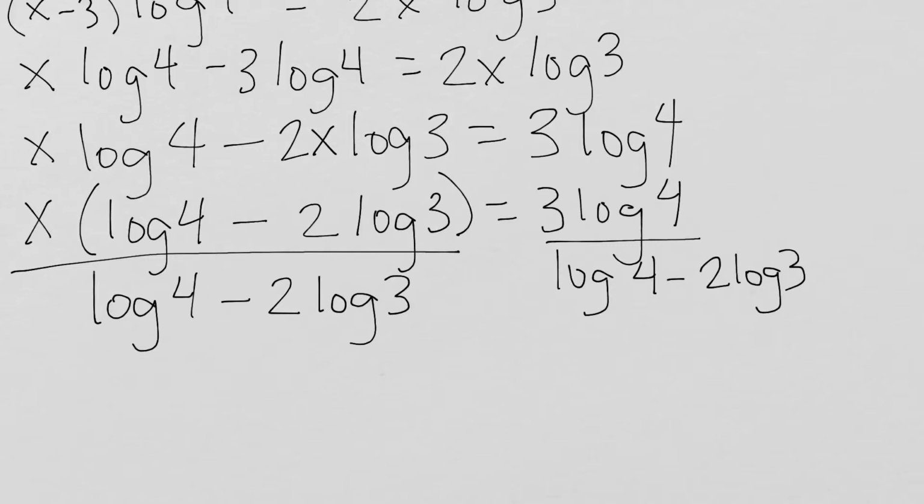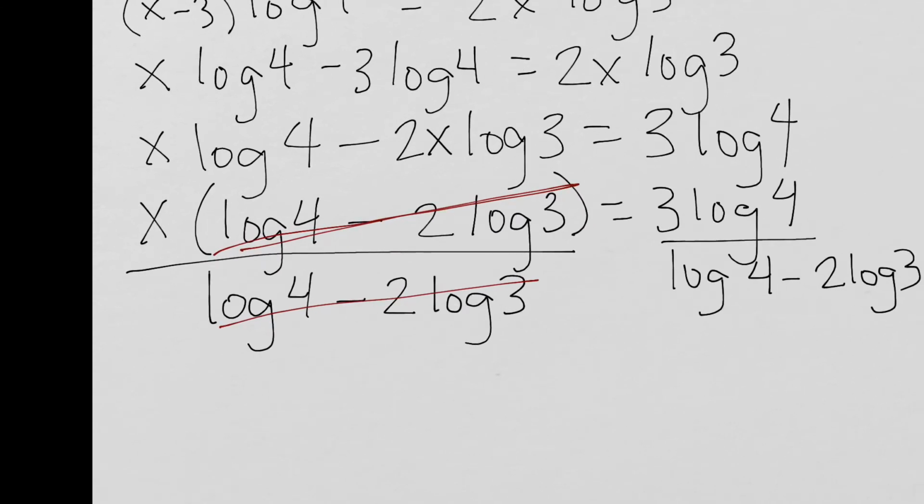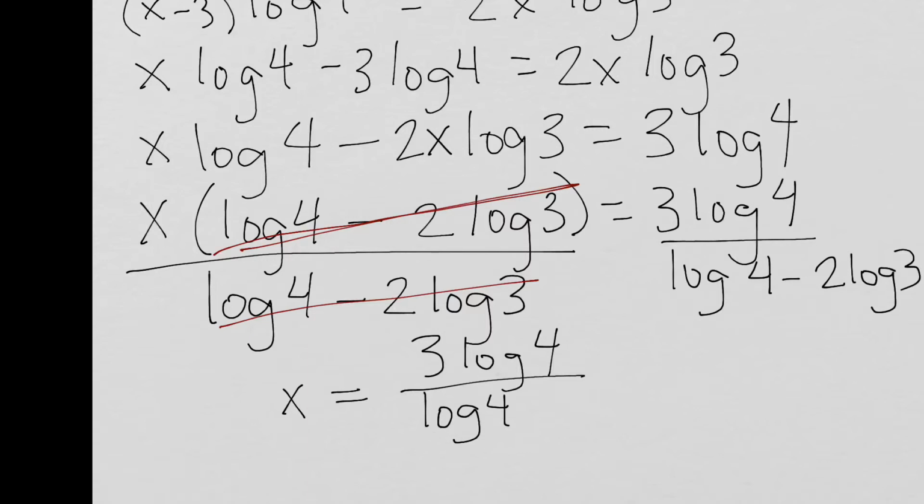Now, on the left-hand side, we can divide that binomial out, leaving me with only an x. And on the right-hand side, it's equal to 3 log 4 divided by log 4 minus 2 log 3.